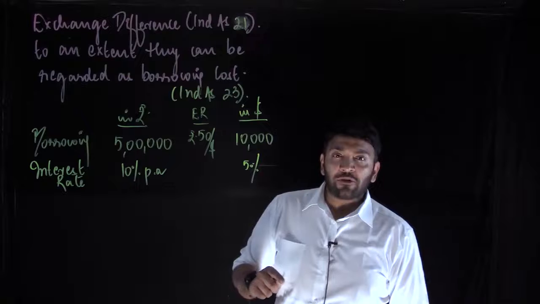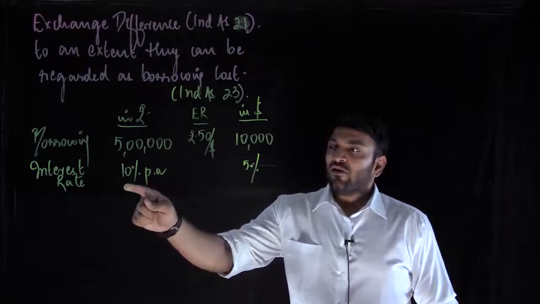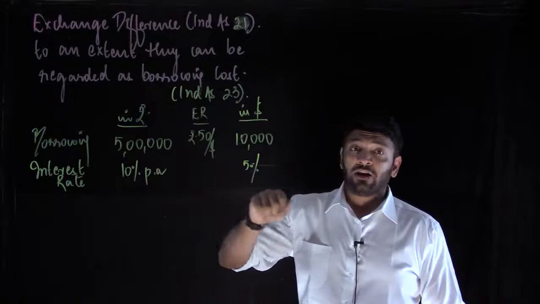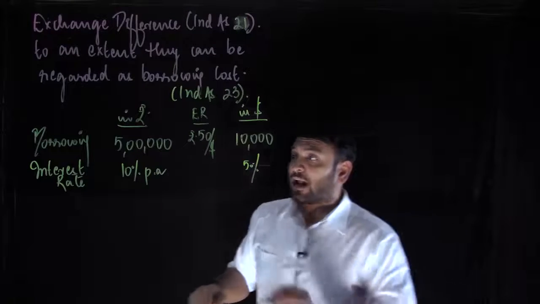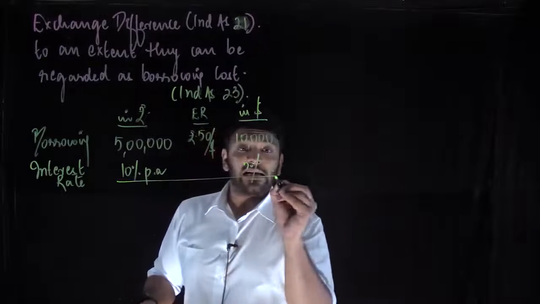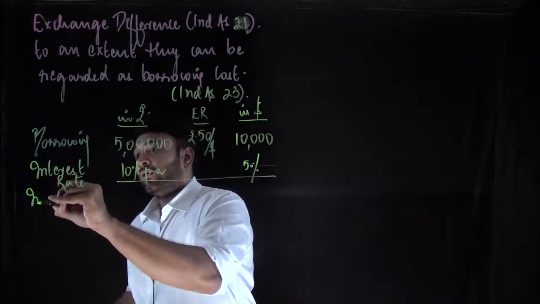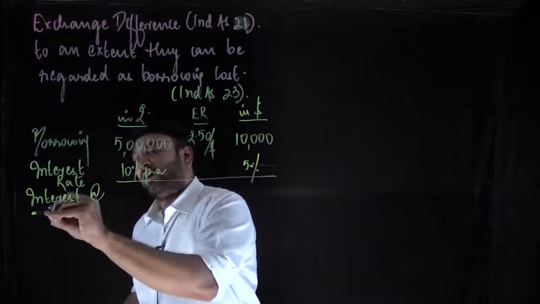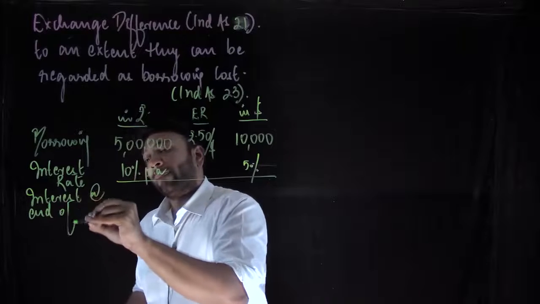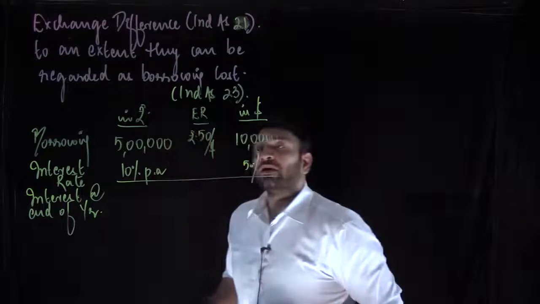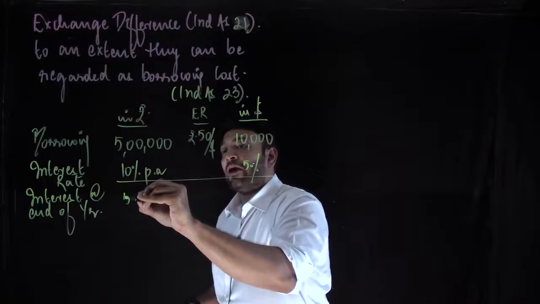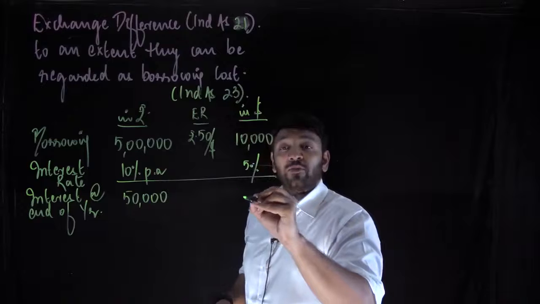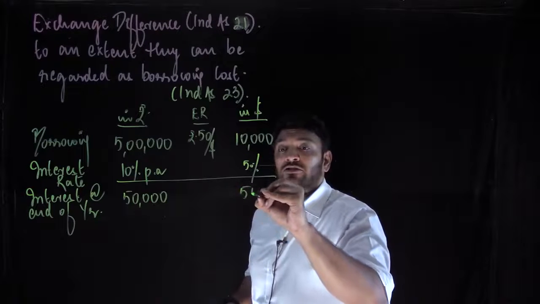Now think from a businessman's perspective. Why should I pay 10% per annum when I can actually get the borrowing at 5% per annum? He started assessing the interest impact. Interest at the end of the year: here I was supposed to pay about 50,000 rupees, while here I was supposed to pay only $500.